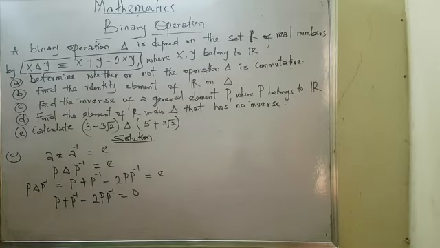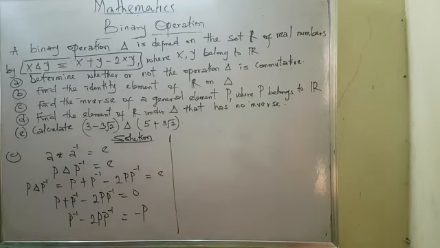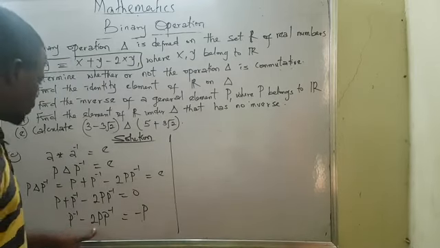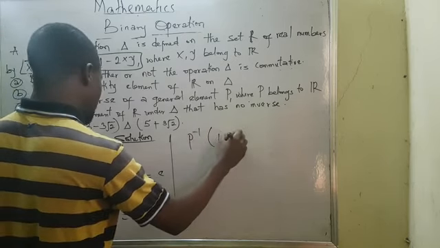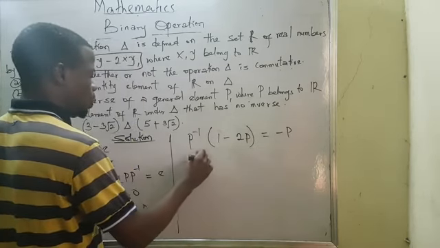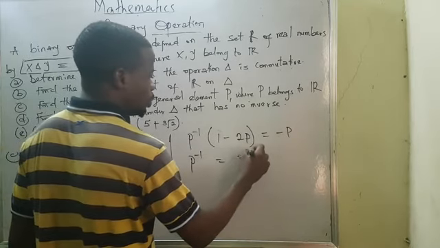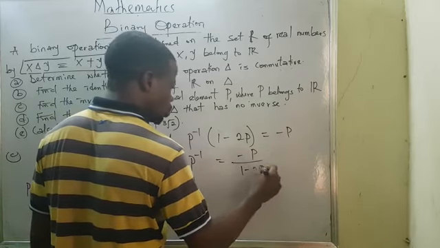So what can we do now? We have family members here, so we can release P. So we have P inverse minus 2P P inverse equal to minus P. After getting this, you factor out P inverse, open a bracket, 1 minus 2P, and that is equal to minus P. So automatically our P inverse will be equal to minus P, dividing both sides by 1 minus 2P, open bracket 1 minus 2P.